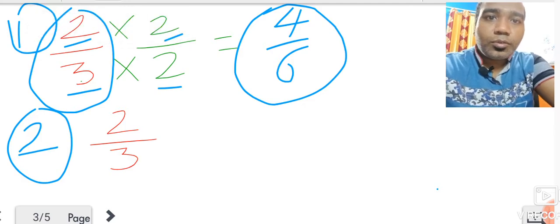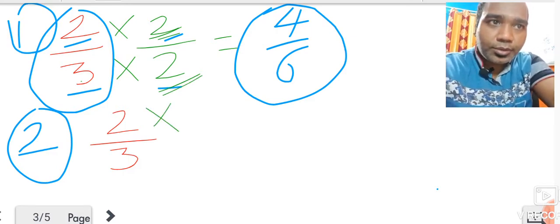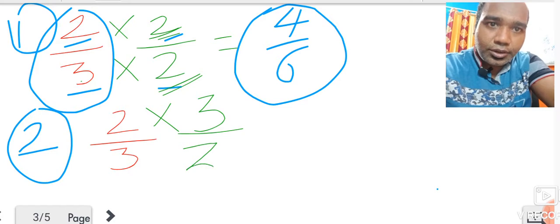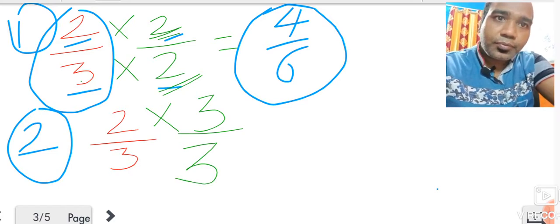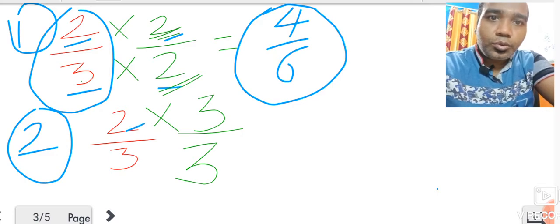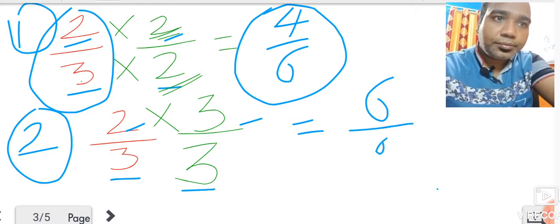Here we multiplied 2 in numerator and 2 in denominator, so this time we multiply the numerator by 3 and the denominator also by 3. 2 into 3 is 6, and 3 into 3 is 9.